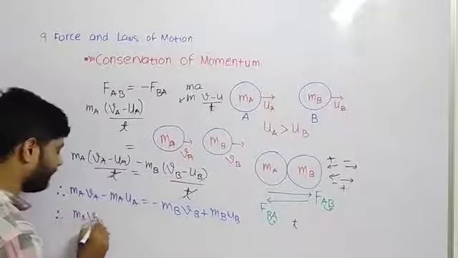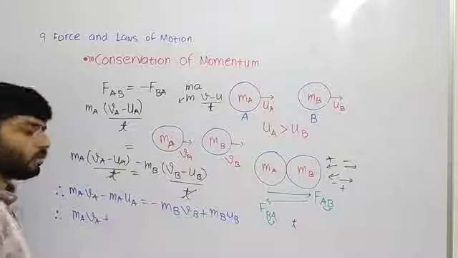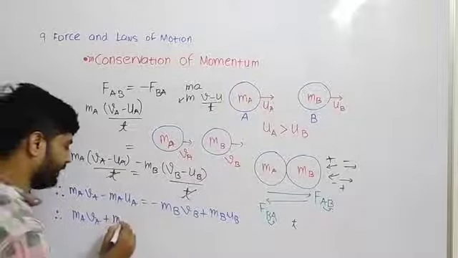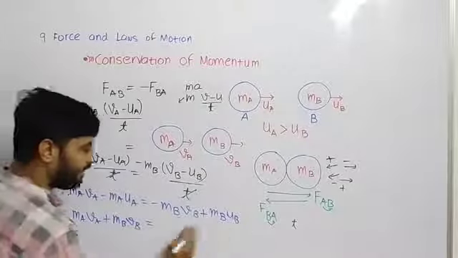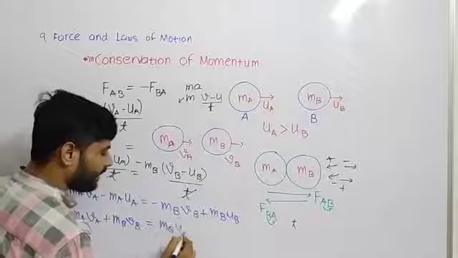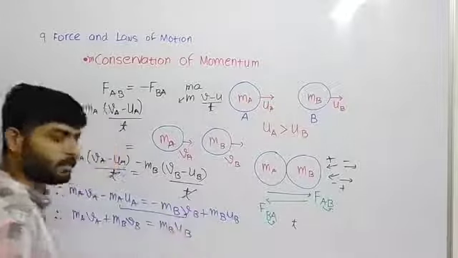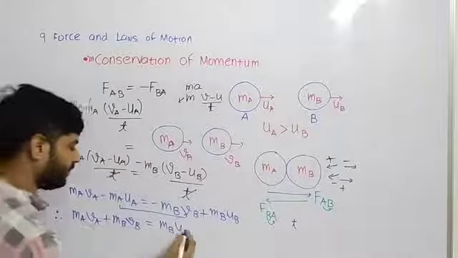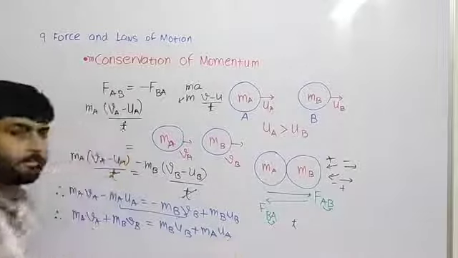So MA VA plus MB VB is equal to MB UB plus MA UA.